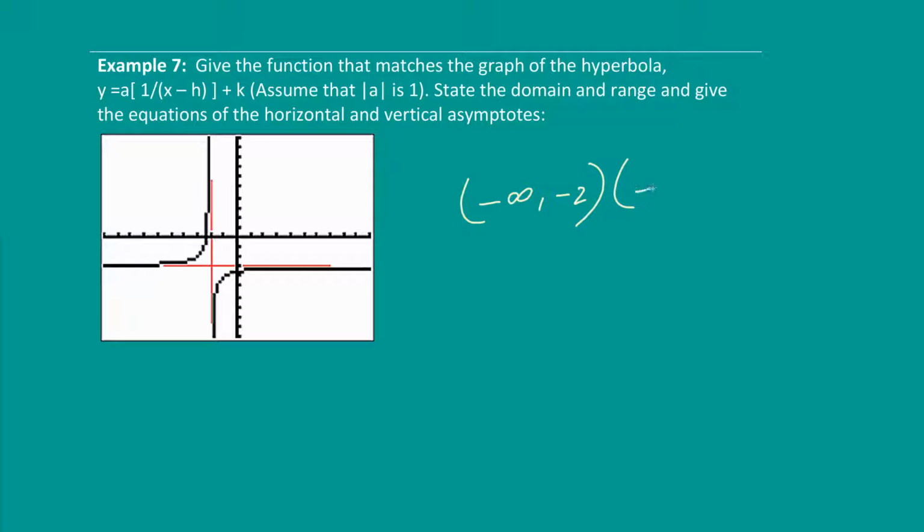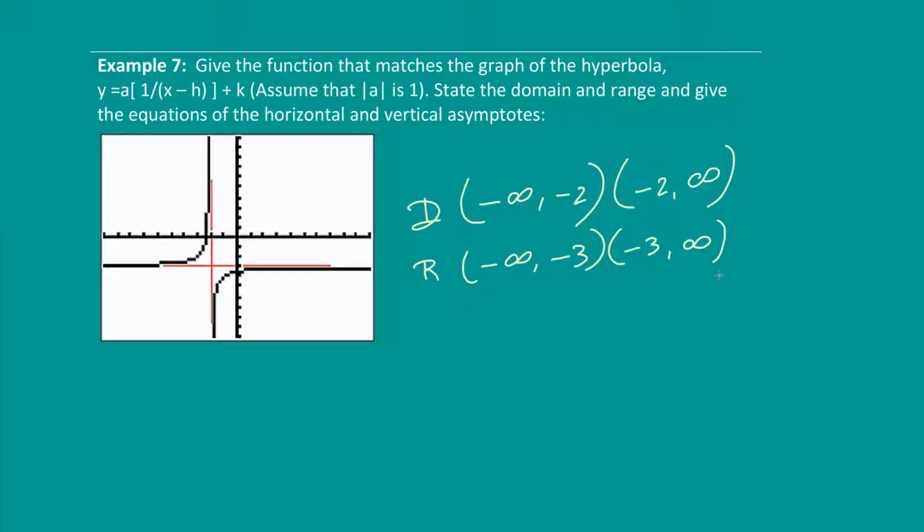But then we can have all of the points from -2 onward to positive infinity. So that's our domain. Our range, it looks like we've got a horizontal asymptote at -3. So our y values will include all the points from -infinity to -3, and from -3 to infinity.